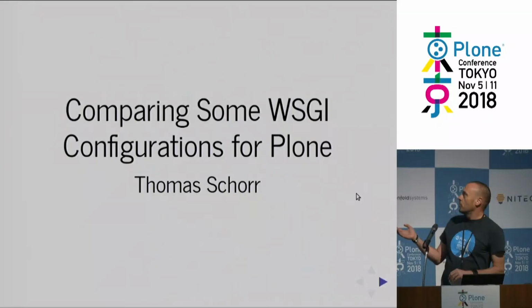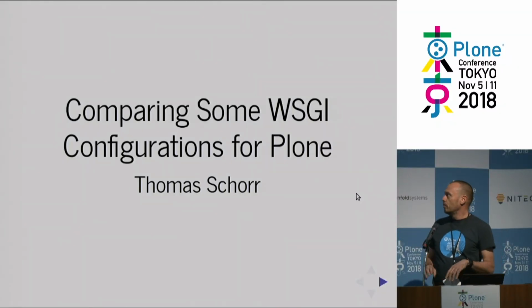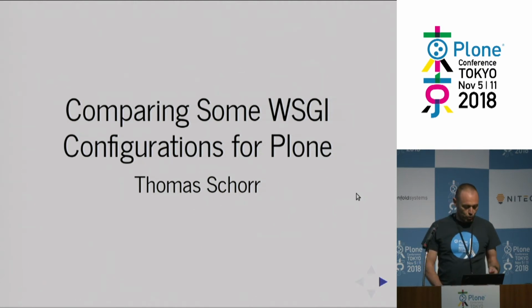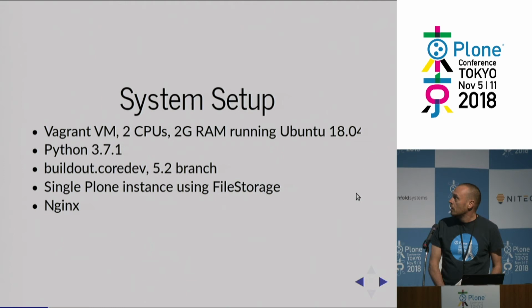So as we've heard a couple of minutes ago, Plone 5.2 will run on WSGI only for now. And yesterday I started to compare a couple of WSGI options because I was just interested in how it would work out.